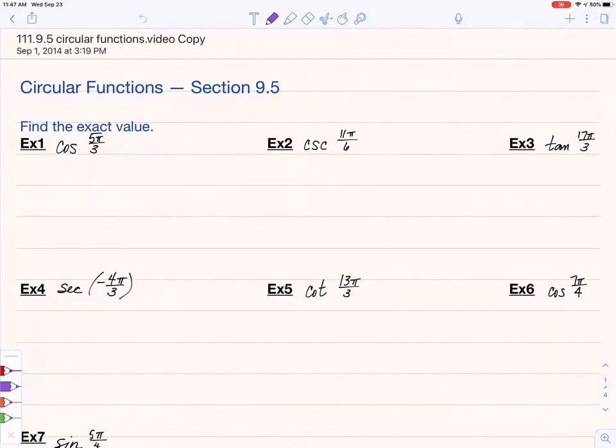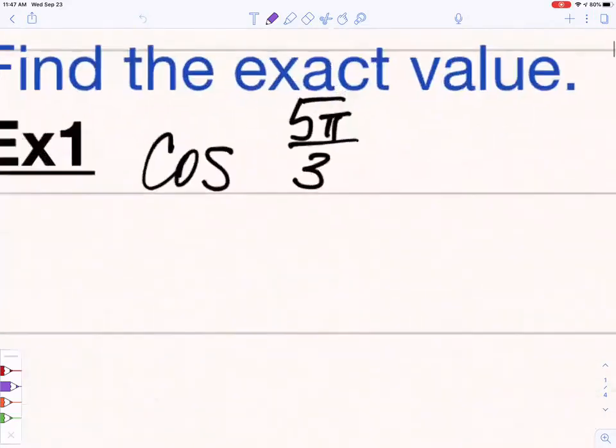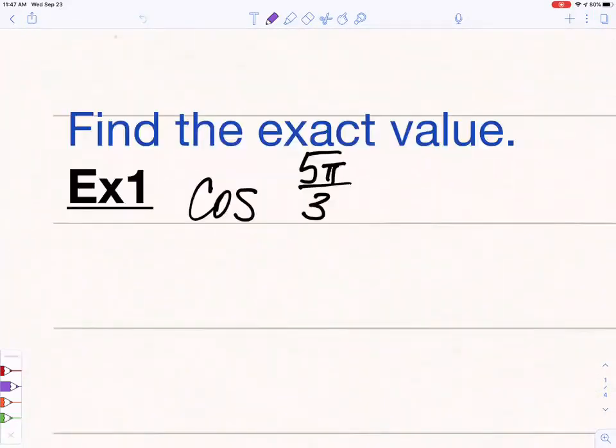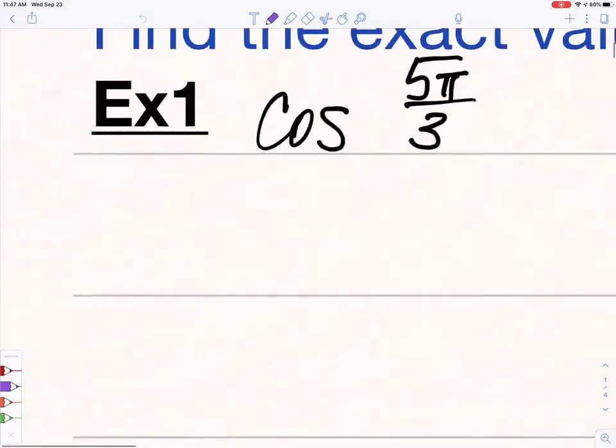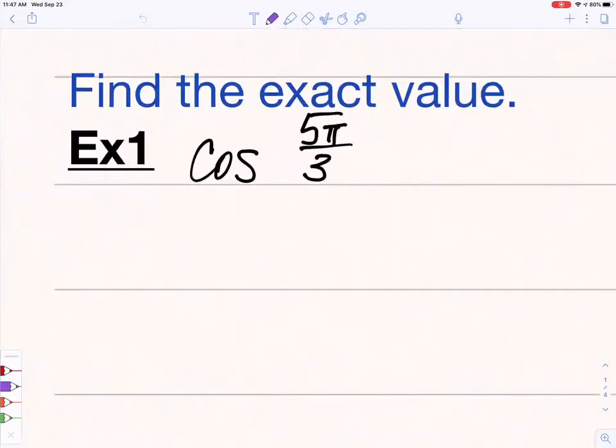Okay, so, all right, so remember how we did these? What did we draw first? We drew a little mini unit circle, right? And what did we mark on our mini unit circle? Say it again, Dylan.